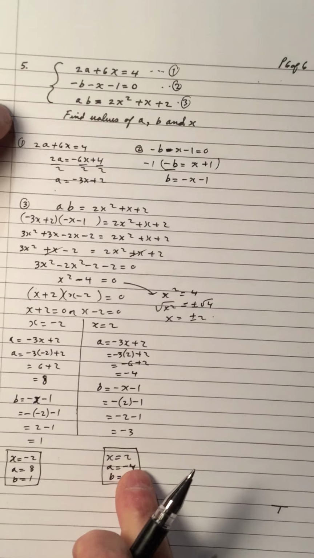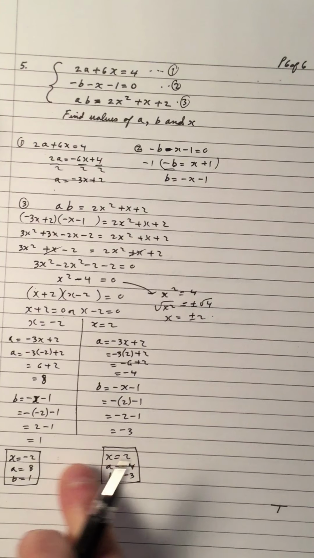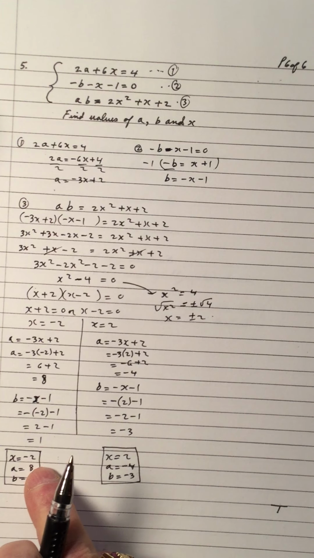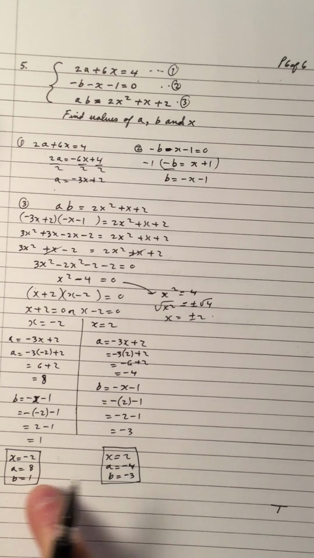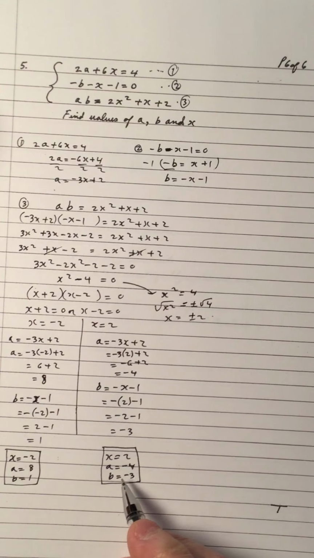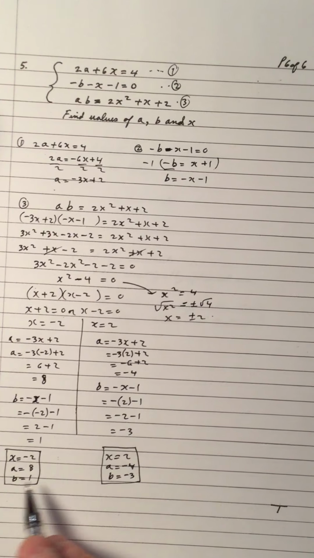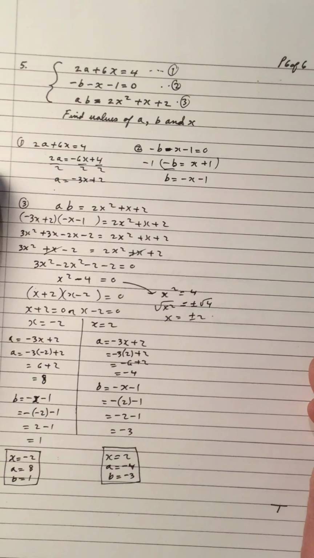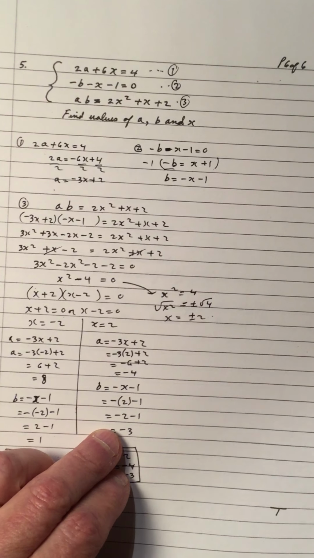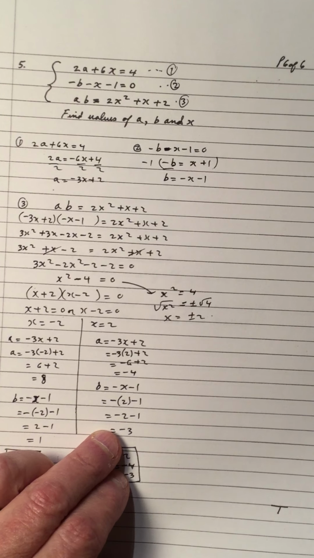So all three of these have to go together. There are two sets of numbers: negative 2 for x, 8 for a, and 1 for b, or x is 2, a is negative 4, b is negative 3. Again, a perfect problem to end solving quadratics on. Excellent math.